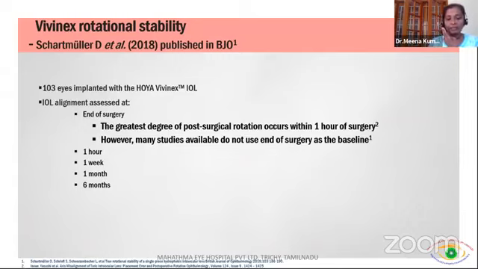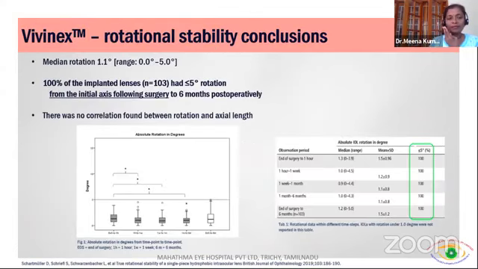However, the rotational stability was proved even at the end of 6 months with a mean rotation of 1.1 degree, and 100% of the implanted lenses had less than or equal to 5 degrees rotation from the initial axis of placement, even at 6 months post-operative period. This study also reveals that there was no correlation between rotation and axial length.